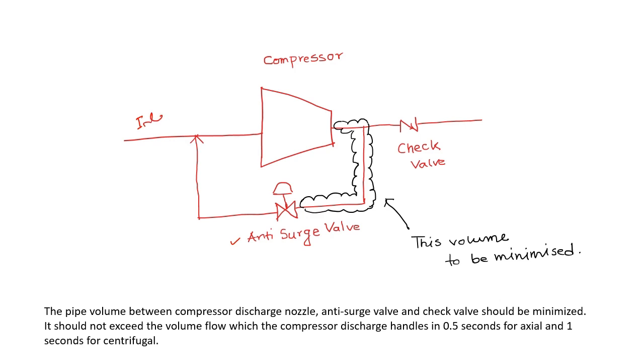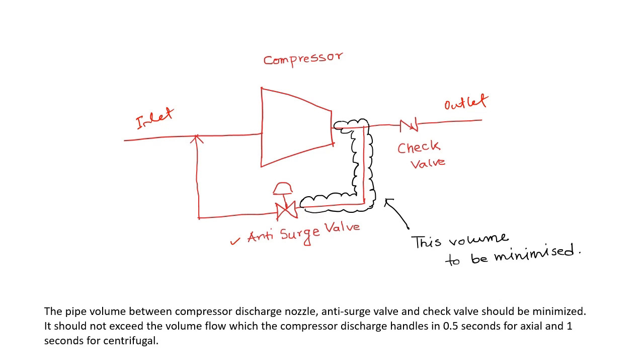So this is the inlet and this is our outlet, right? And there is a check valve. The check valve protects against backflow from the outside of the compressor to the upstream of the compressor. So there is a check valve here.